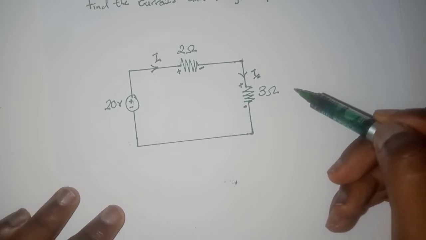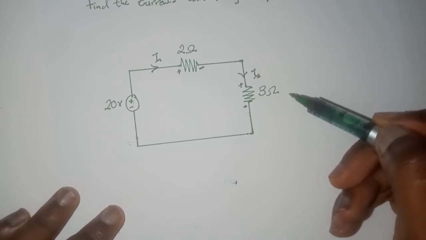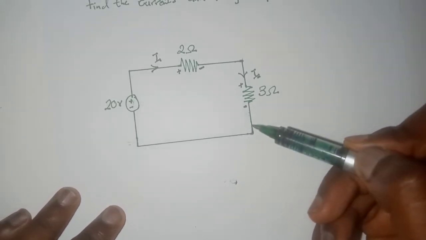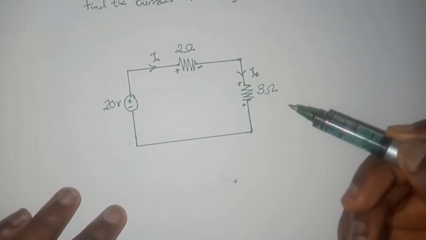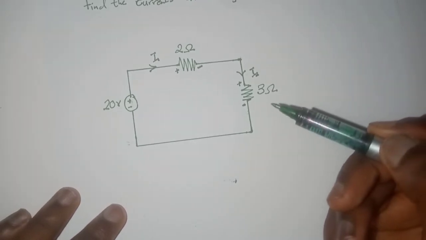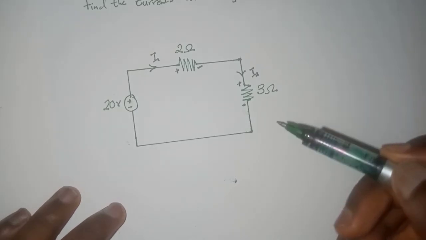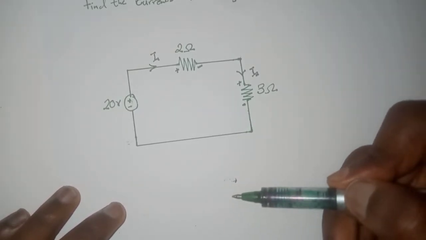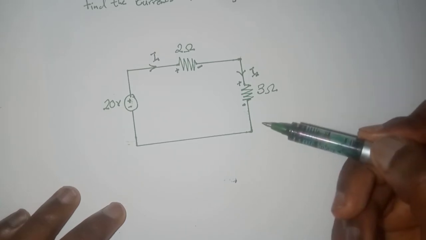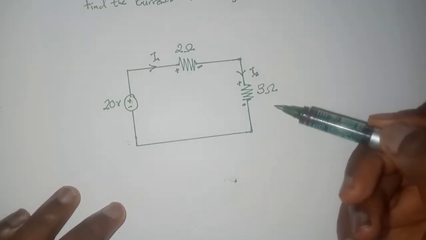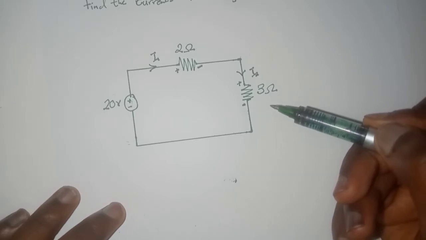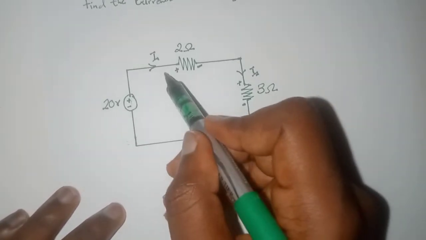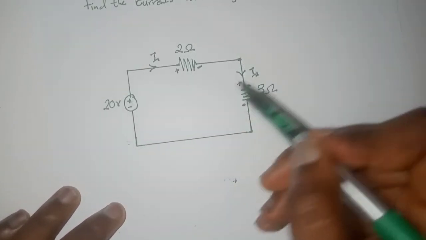Now that we've assigned the polarity of the voltage drops, we can write our KVL and our KCL. Let's start with the KCL. Kirchhoff's current law states that at any given node, the sum of the currents entering and leaving the node is equal to 0. Let's take this node for example.